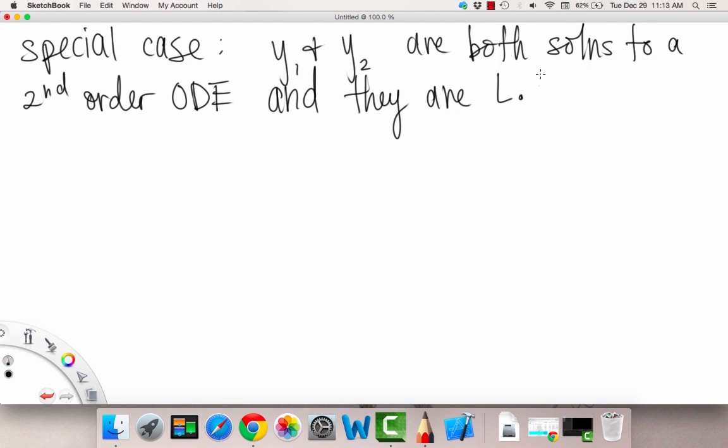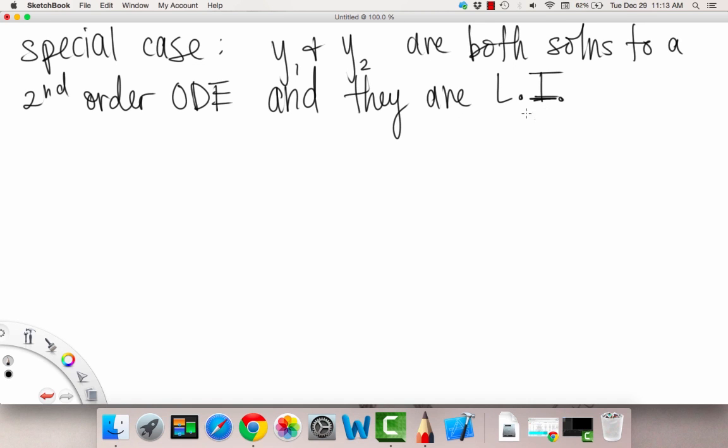I'll abbreviate: LI means linearly independent. They're linearly independent, whichever way we determine this, either using the Wronskian or determining that neither is a constant multiple of the other, which I'll show you how to do in a practice problem.